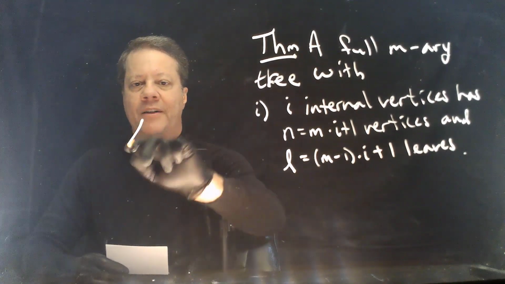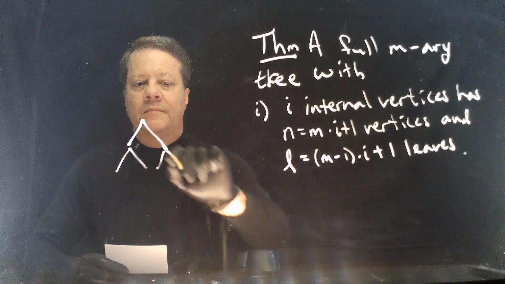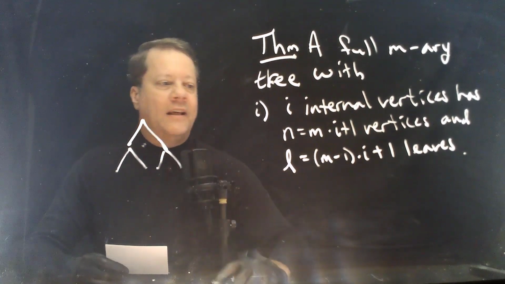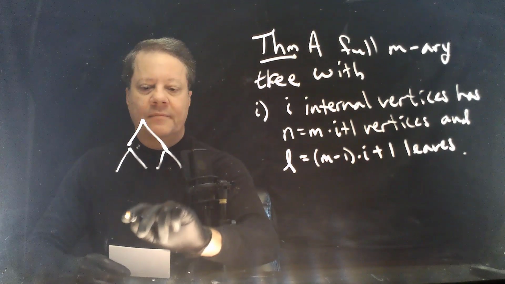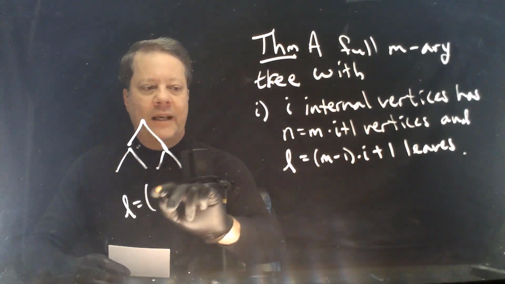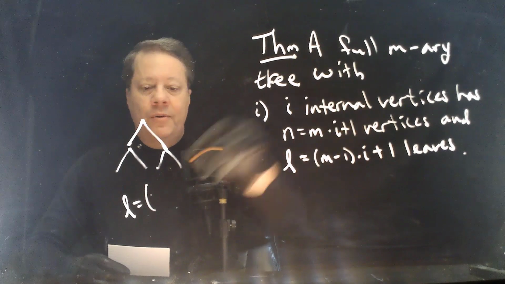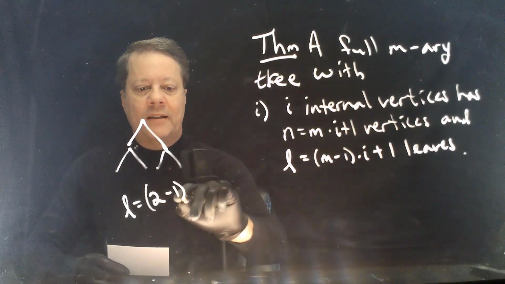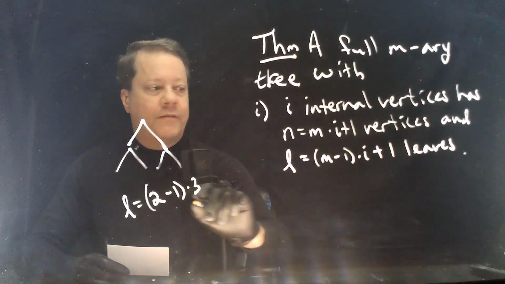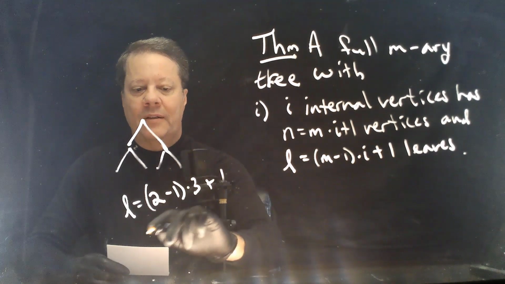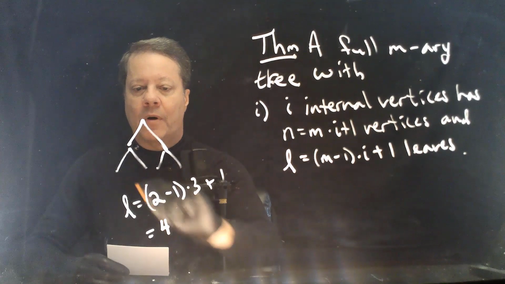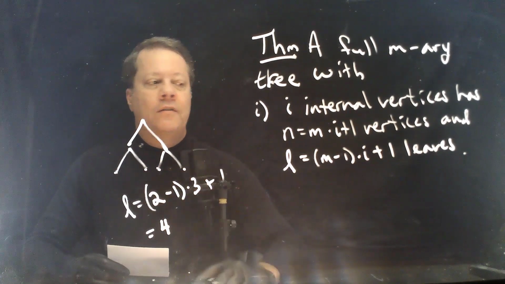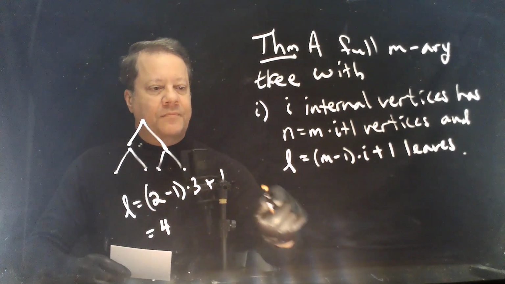So in a binary tree with 1, 2, 3 internal vertices, how many leaves do you get? It's a 2-ary tree here, 2 minus 1 times I, the number of internal vertices, plus 1, gives you 1 times 3, which is 3, plus 1 is 4. 1, 2, 3, 4 leaves.